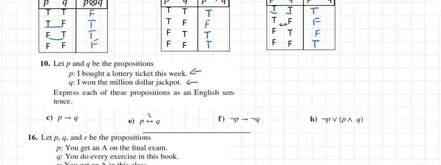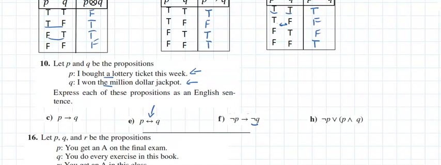E, this states, I bought a lottery ticket this week if and only if I won the $1 million jackpot on Friday. F, not P, if I did not buy a lottery ticket this week, then not Q, then I did not win the $1 million jackpot.